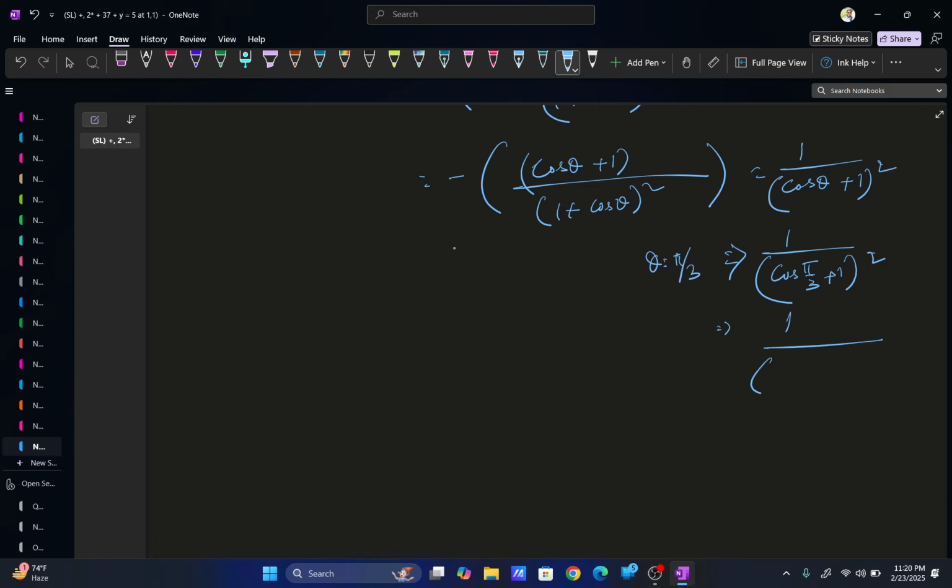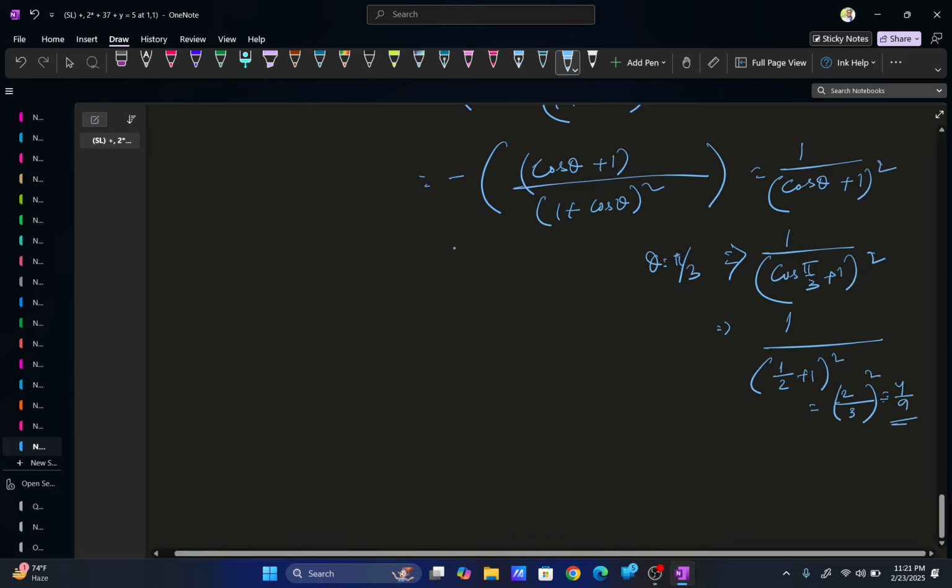This is 1 by 3 by 2 square, equals to 4 by 9.